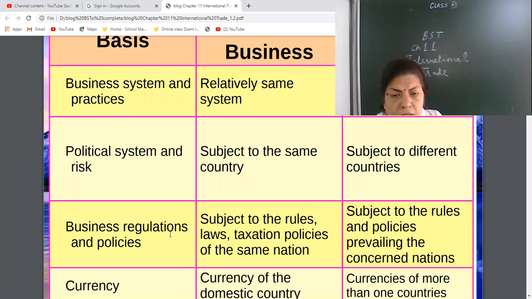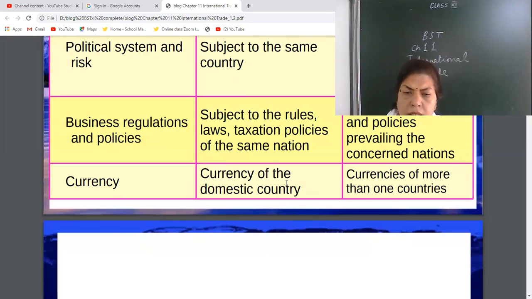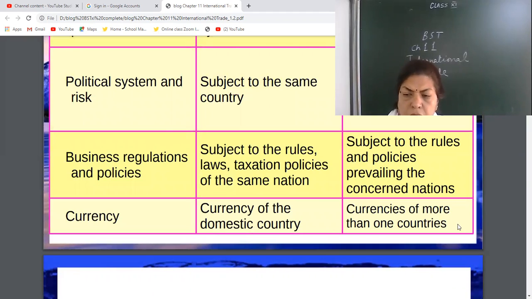Business regulations are subject to the rules, laws, taxation policies, and they are of the same nation because they are dealing in the same country. But in international business, they are of the concerned, different nations. Currency: generally they use the currency of the same country, versus the currency of their own different countries.